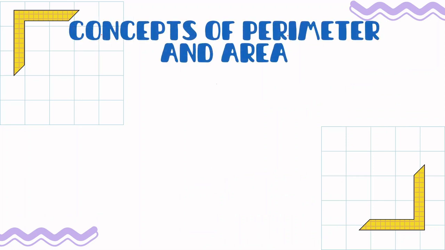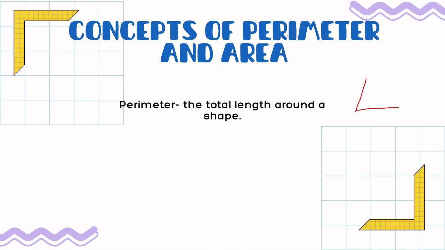Concepts of perimeter and area. So what is perimeter? Perimeter is the total length around a shape. Let's take a shape like a triangle. Here let's measure the lengths of its sides.